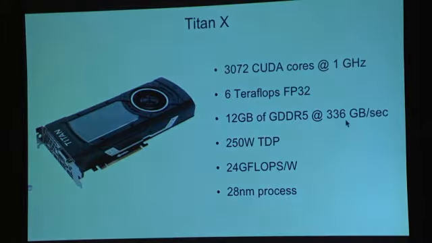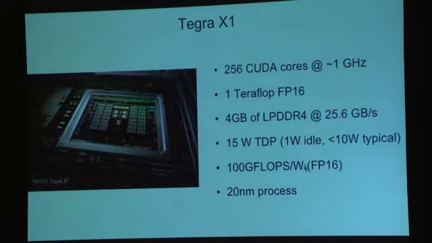For things that are memory bandwidth limited, compared to the 50 or 60 gigabytes per second you get out of a CPU, one of the big advantages of GPUs is the 300 gigabytes per second you have to the GDDR5 memory there. And what's neat about this is that it's 10 watt typical power dissipation. This is 100 gigaflops per watt. That's just an astounding level of energy efficiency. And this is actually in a slightly more modern process than the Titan X. It's in a 20 nanometer process.